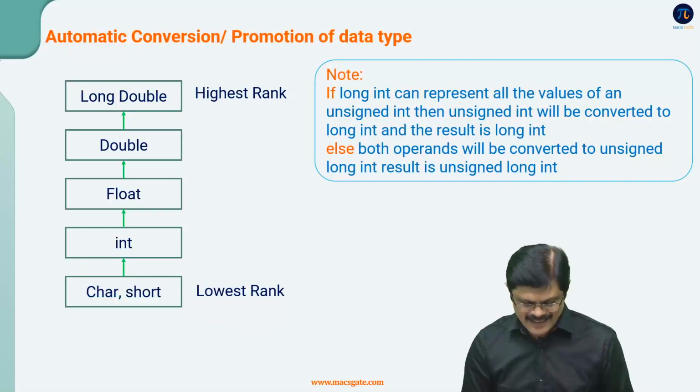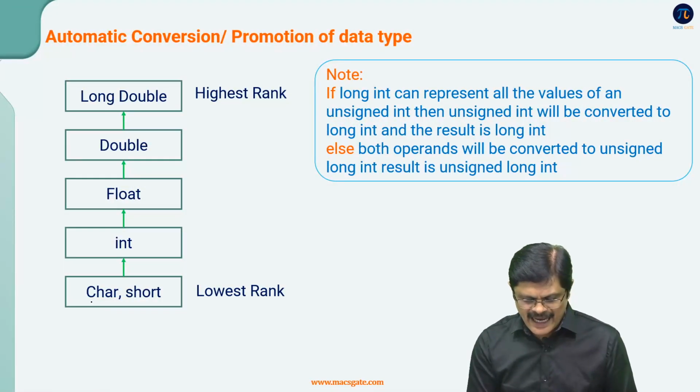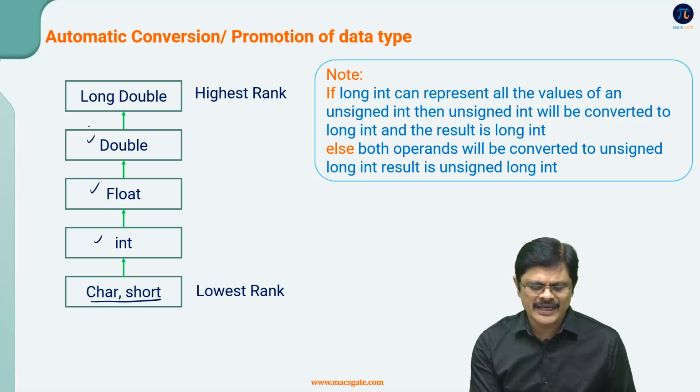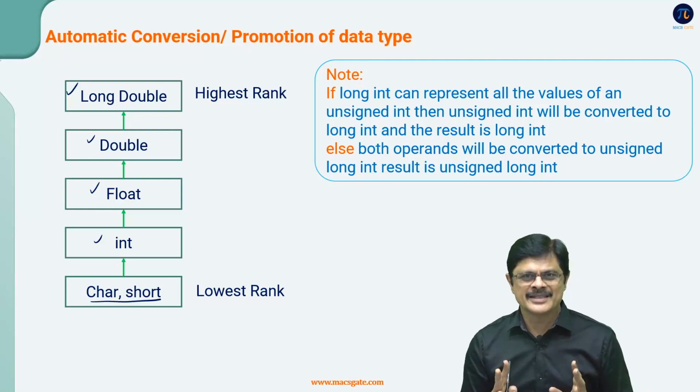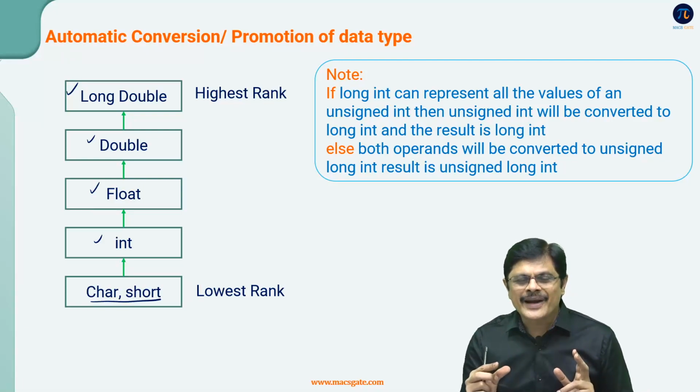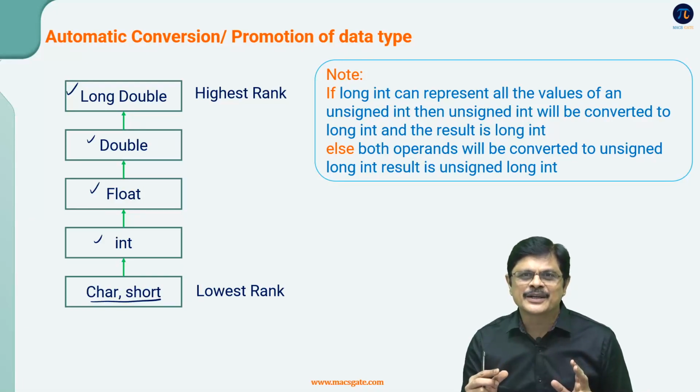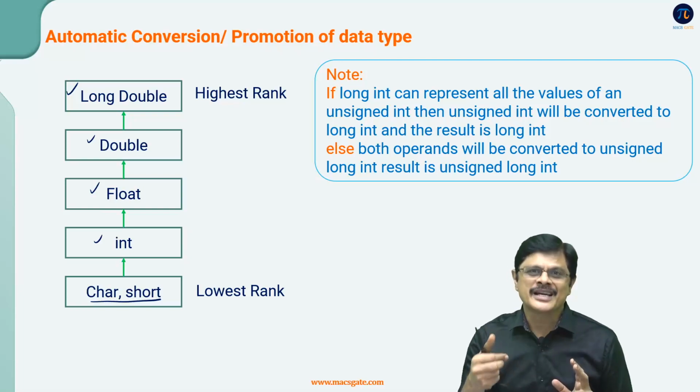Let us see the ranks of these operands. Char and short have the lowest rank, then int, then float, then double, then long double.